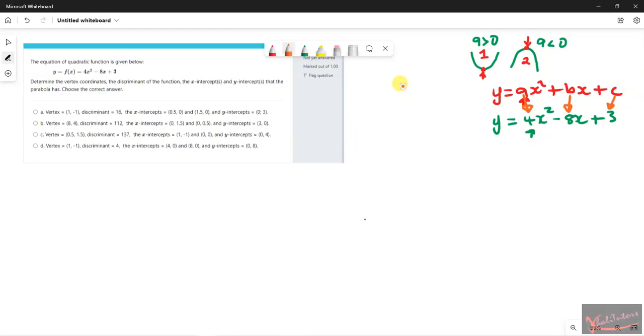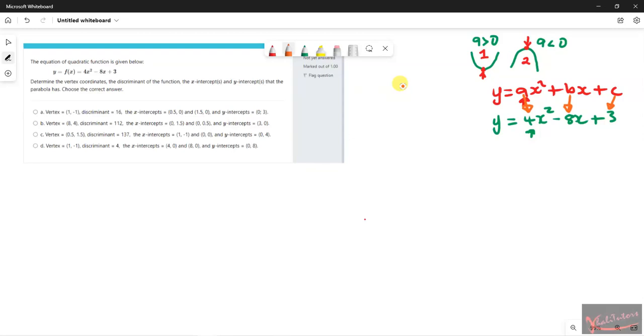If you are given equations that make use of a, b, c, you just have to realize that a is the coefficient of x squared, b is the coefficient of x, and c is the constant.